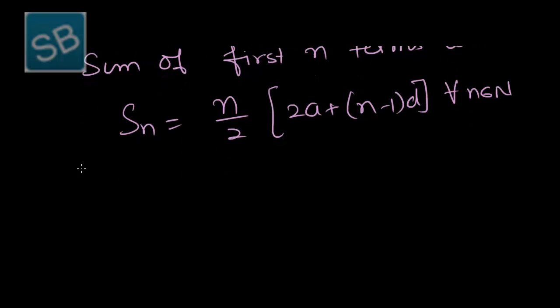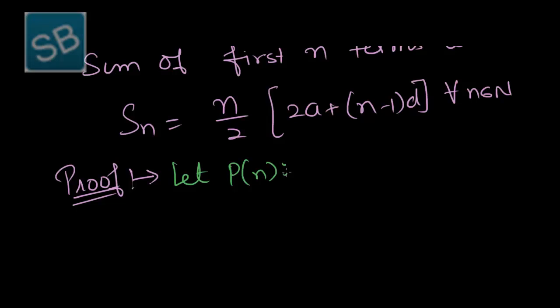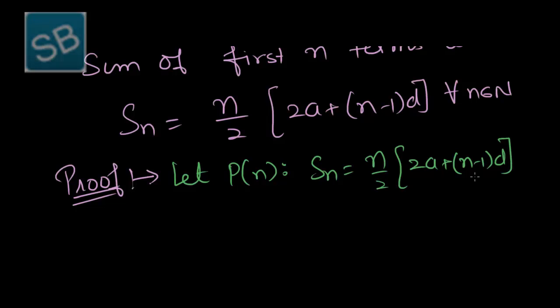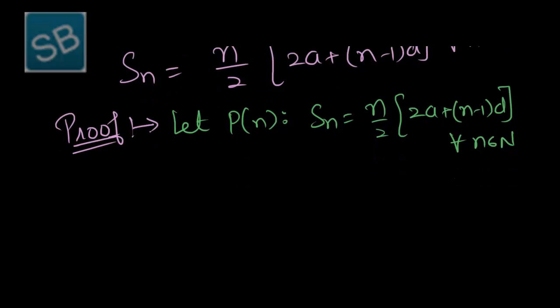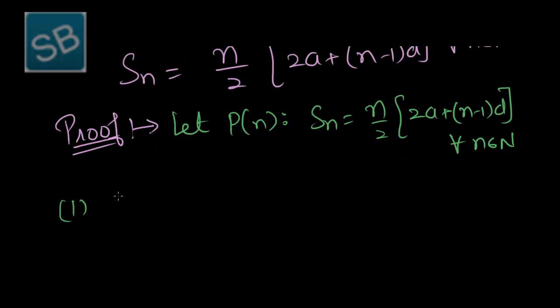Now we'll prove this theorem by the principle of mathematical induction. First of all, let statement P(n) be: Sn is equal to n by 2, (2a plus (n minus 1)d) for all n belongs to N. Now we will prove for the first part, that is for n equal to 1.